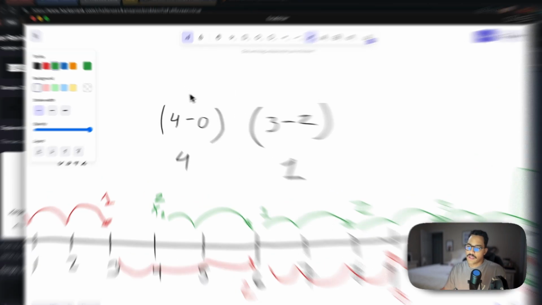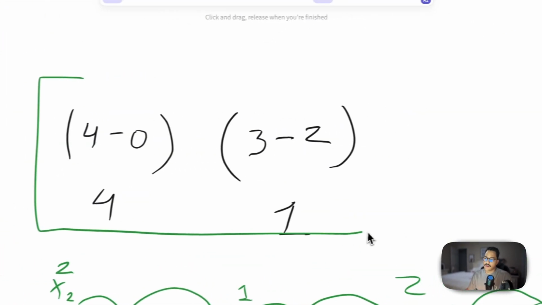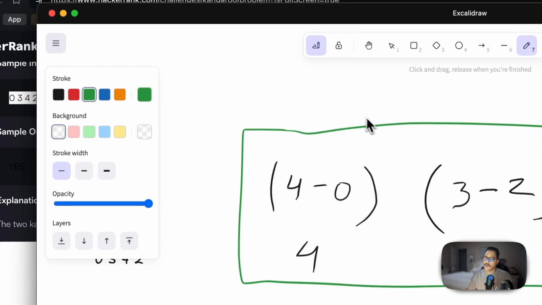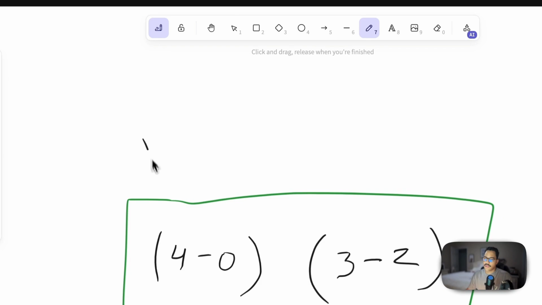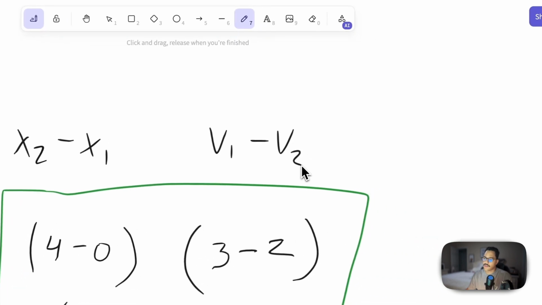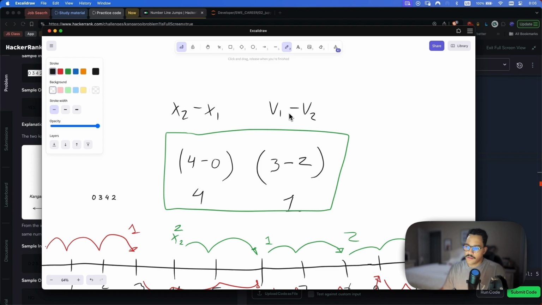And that's where I think the formula comes in, because what I'm saying here is basically x2, assuming that this guy is always gonna be ahead of this guy, and this guy here is always going to be faster than this guy right here, and we're just trying to get the difference of that, right?